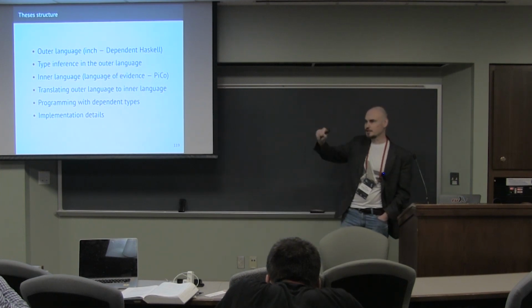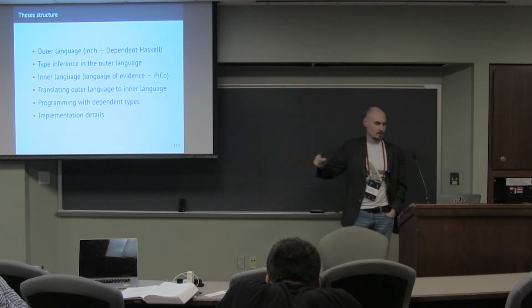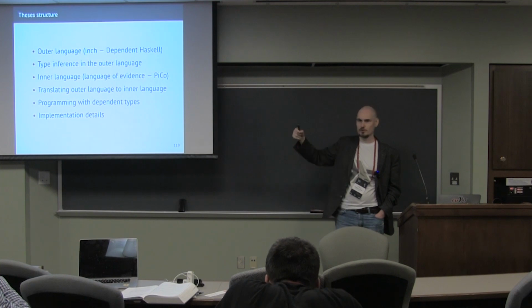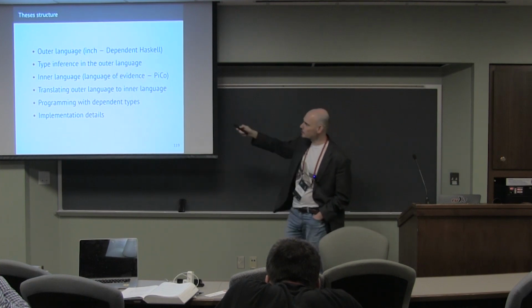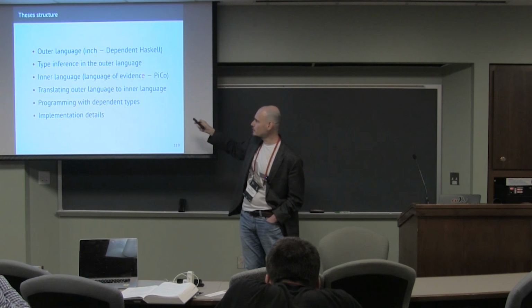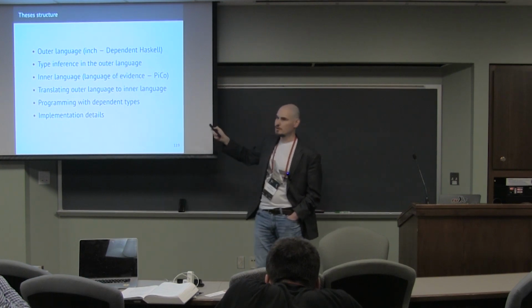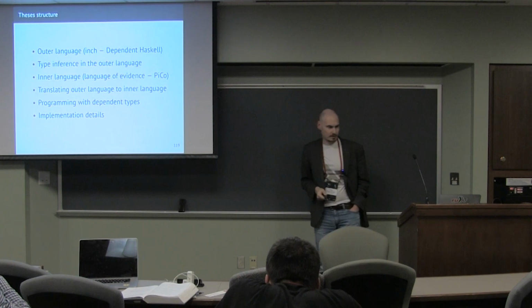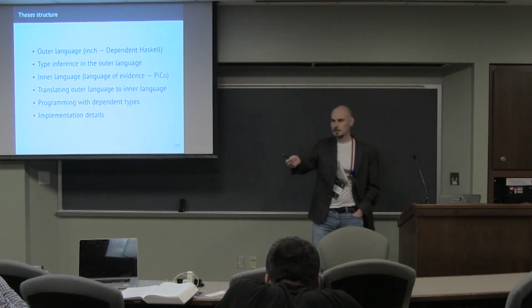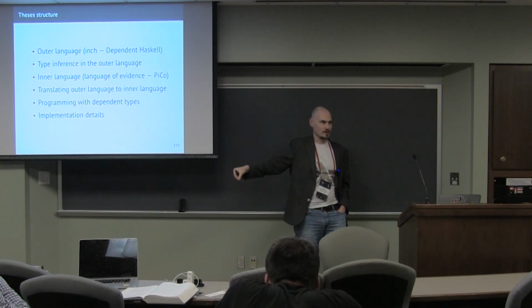Then you have to define type inference in this outer language. Then you come up with an inner language, like GHC Core, for those languages. So these are their names: Language of Evidence in Gundry's thesis, and PICO in Eisenberg's thesis. Then you have to provide an algorithm for translating the outer language into the inner one.